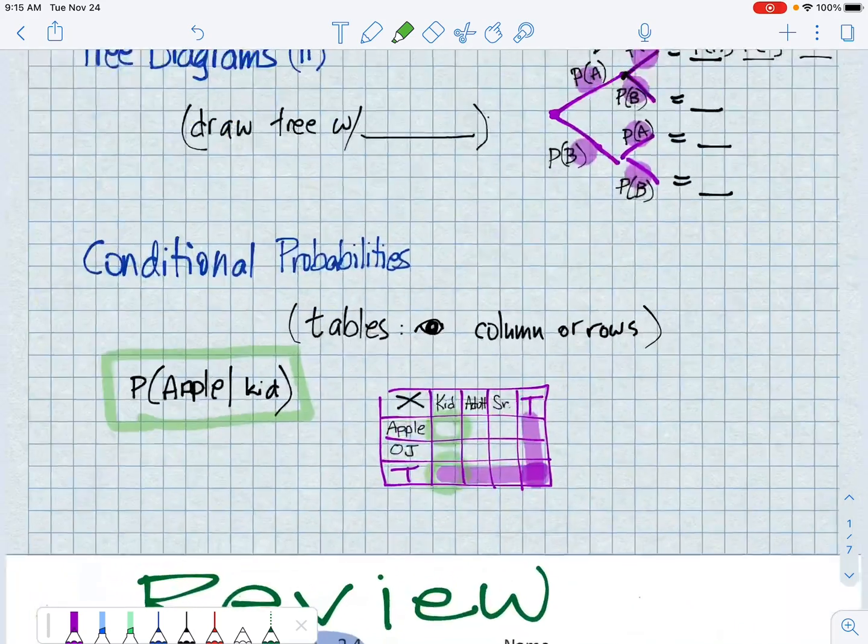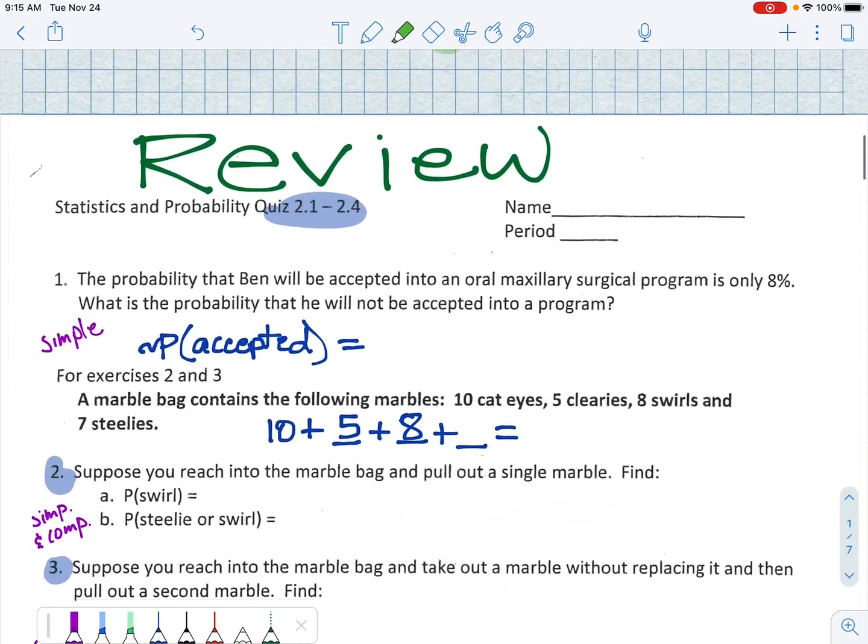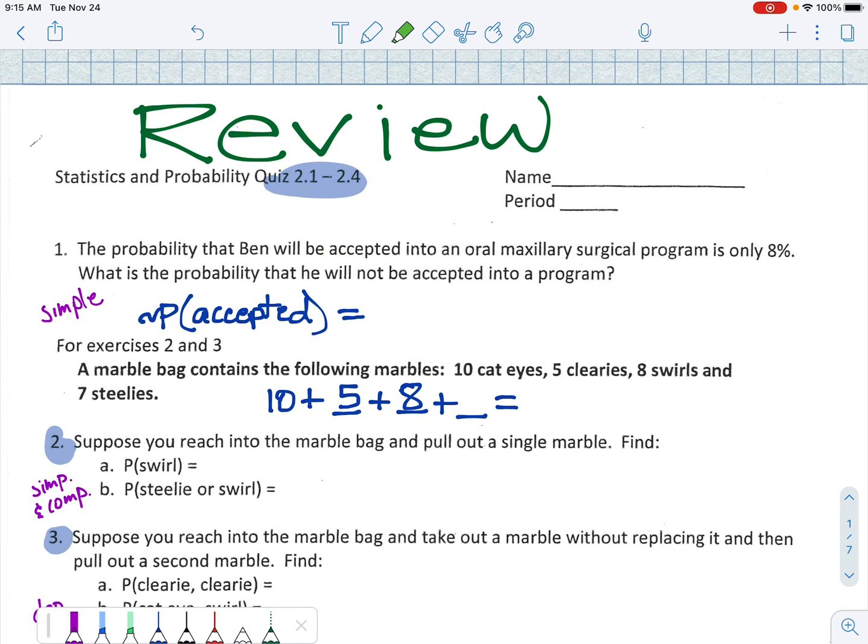Okay. All right, well, I've posted some problems online for doing a review of Chapter 2. They're extra credit. I'm going to do just a couple of quick problems here. Ben is going in for some oral maxillary surgical program, and the chances of his being accepted are only 8%.